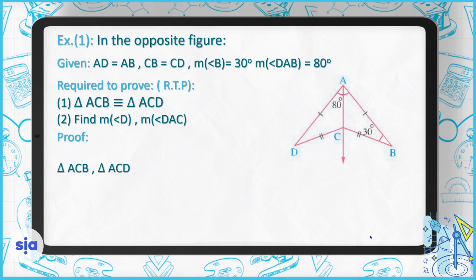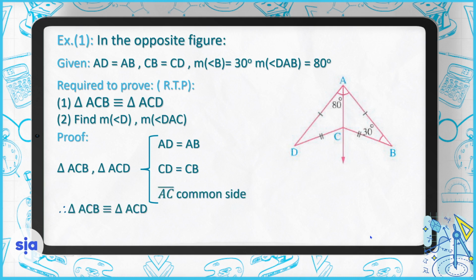Let's now go and see triangles ACB and ACD. You will see that it's given that AD equals AB, and it's also given that CD is equal to CB, and AC is a common side. Therefore, triangle ACB is congruent to triangle ACD by side, side, side.